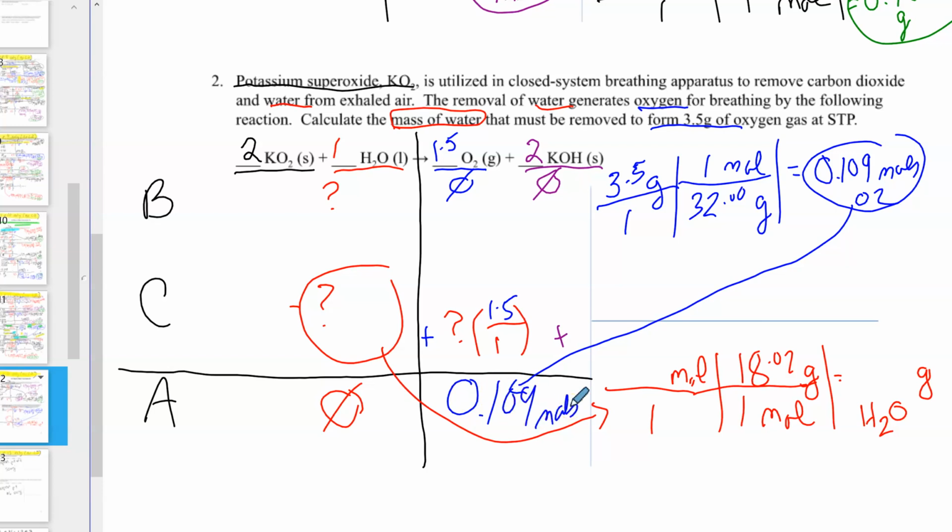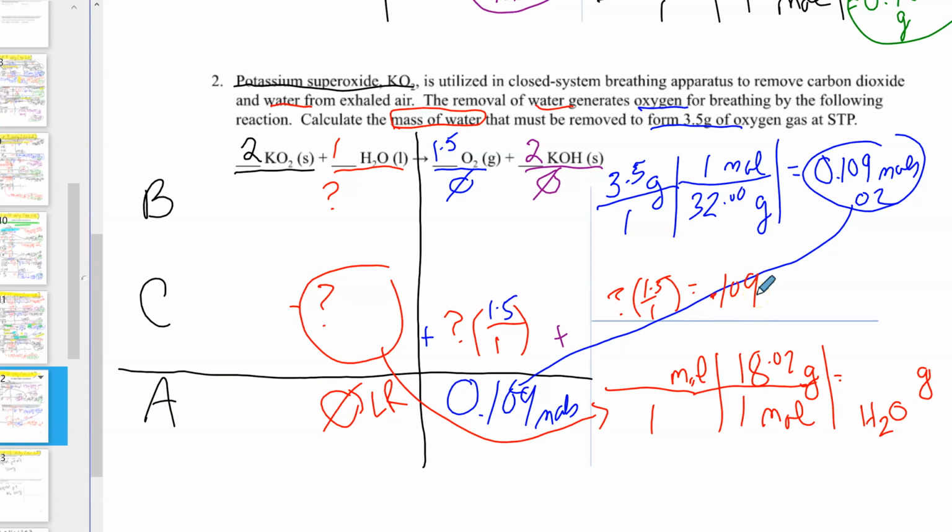Now, how much did we initially start with? 0. This much was produced. Now, we're trying to solve for that same question mark working backwards. So the moles of the water, which was the limiting reactant over here, is going to be times the ratio of the oxygen to the water. So question mark times 1.5 over 1 is equal to 0.109. What do I have to do to each side?